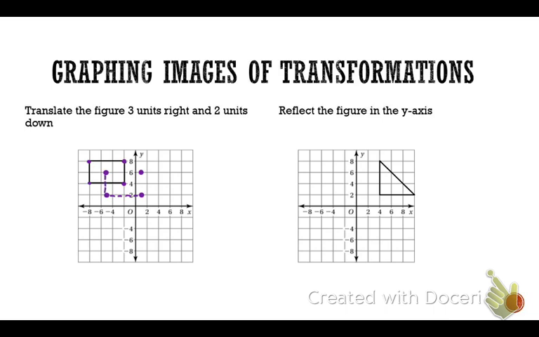You guys did pretty well on this on your quiz Wednesday, so I was happy with that. All right, now to reflect it in the y-axis, this is my hint: for the y-axis, I need to do the opposite what? The opposite x value. So whatever point, just like Addison said, look at where your points are.